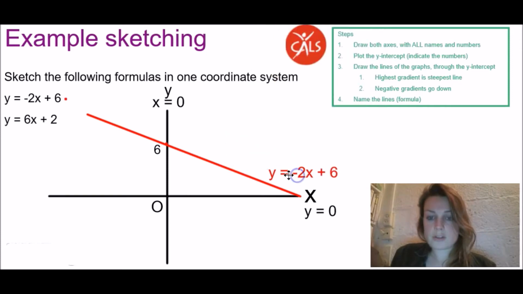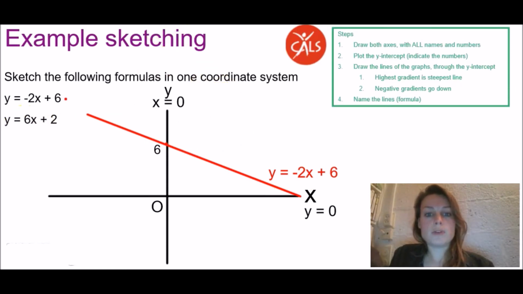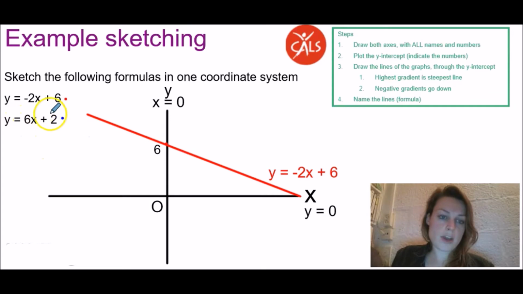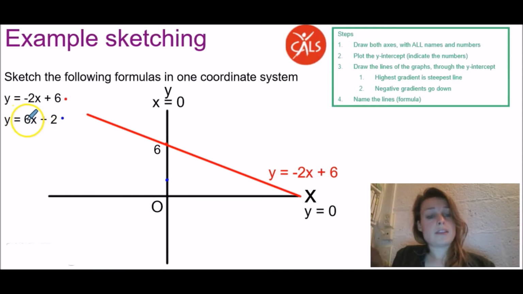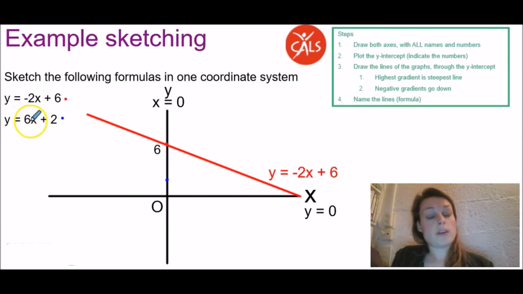So we know this one corresponds to y is minus 2x plus 6. And the next formula, I'm going to make that one blue. And we can see it's 6x plus 2, so the y-intercept is 2. If this is 6, then the point about here should be 2. The gradient is 6, so that means it's a rising line, and it's way steeper than minus 2.